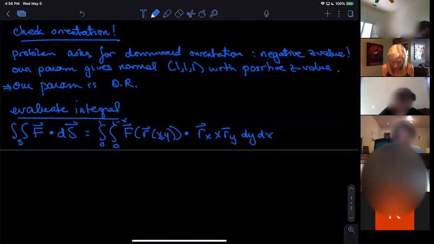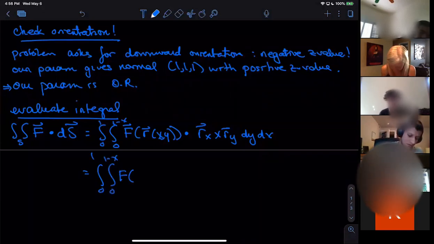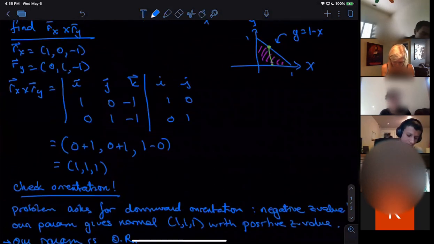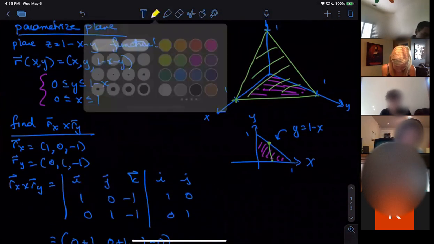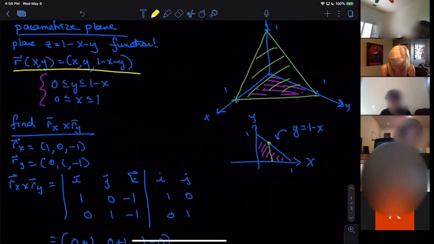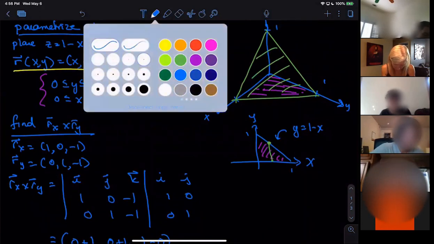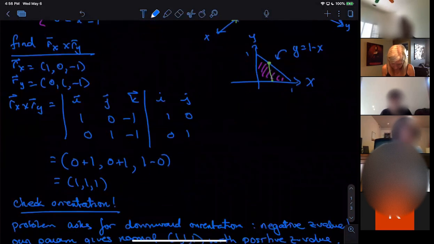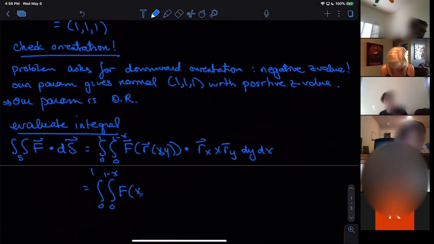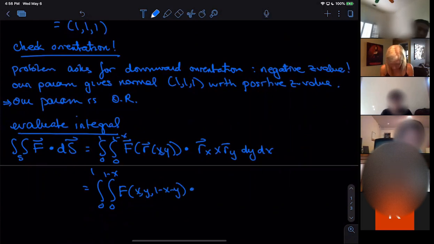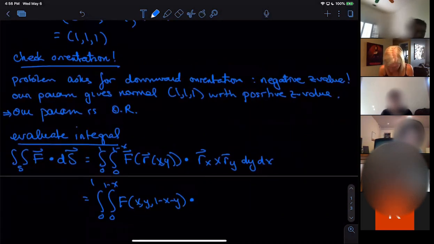All right, a bunch of stuff to plug in now. So 0 to 1, 0 to 1 minus x, F of, well, what's the parameterization? We go back and look: r of x, y equals x, y, 1 minus x minus y. And then Rx cross Ry, remember that one's 1, 1, 1.